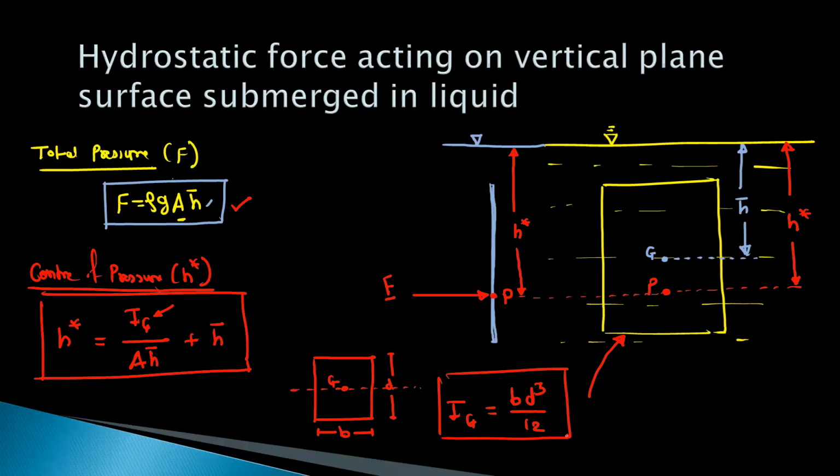Okay, so this formula is just for rectangle. Okay. Similarly, if you have another area which is a circle, you can use the formula Ig for the circle. So in this way, you can find out the H star value and the total pressure, which is the F value. Okay.